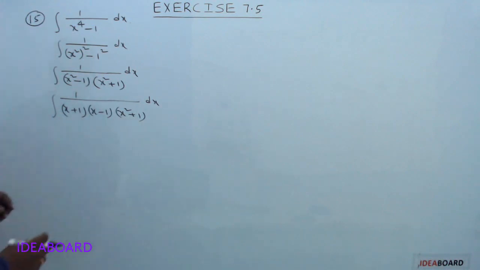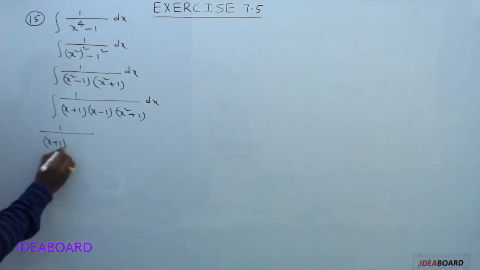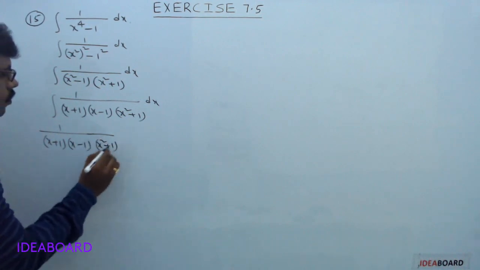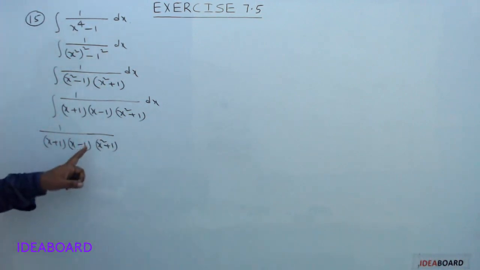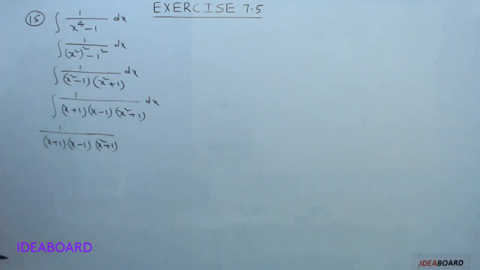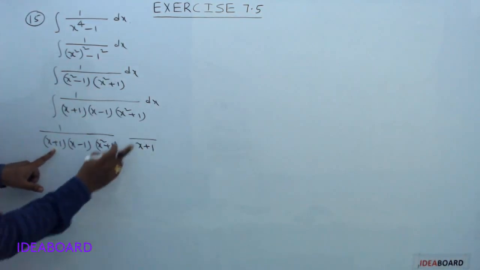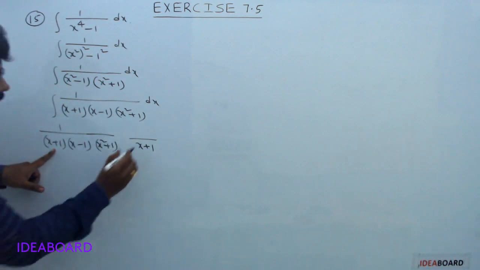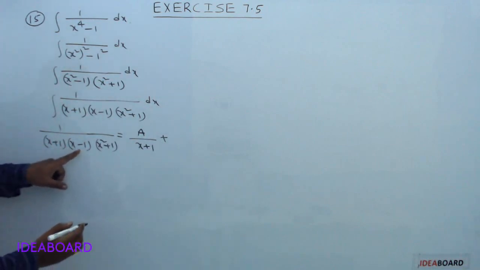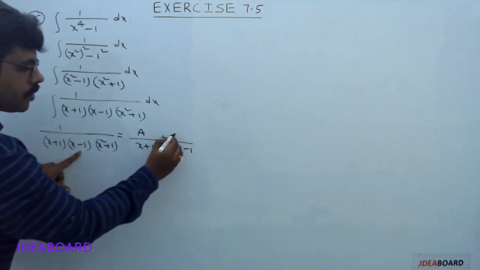Now take this integrand separately: 1 divided by x plus 1 into x minus 1 into x square plus 1. How to resolve this fraction into partial fractions? Corresponding to this non-repeated linear factor, there exists a constant term in its numerator. Take that constant as a. Plus, corresponding to this non-repeated linear factor, there exists a constant term in its numerator.